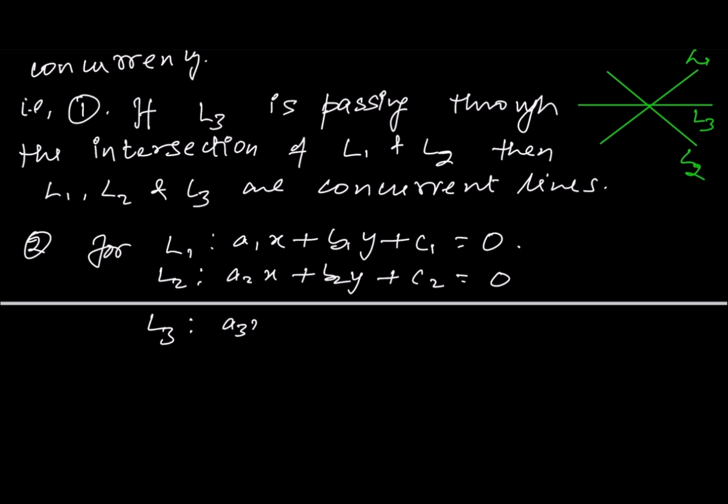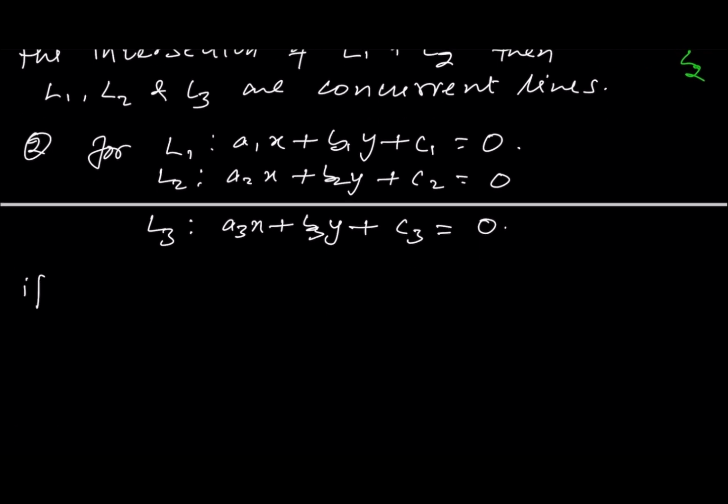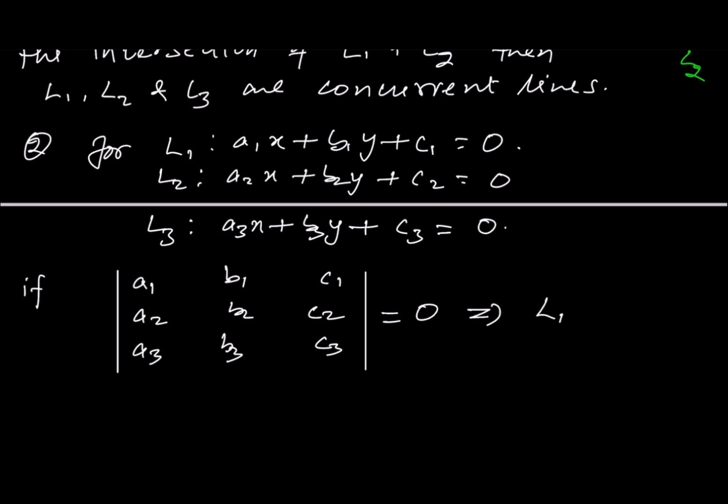L3, A3x plus B3y plus C3 is equal to 0, if the determinant of A1, B1, C1, A2, B2, C2, A3, B3, C3 is equal to 0, it implies L1, L2, L3 are concurrent, right?